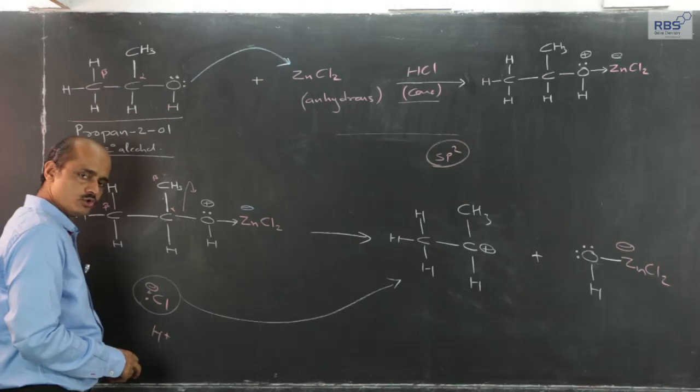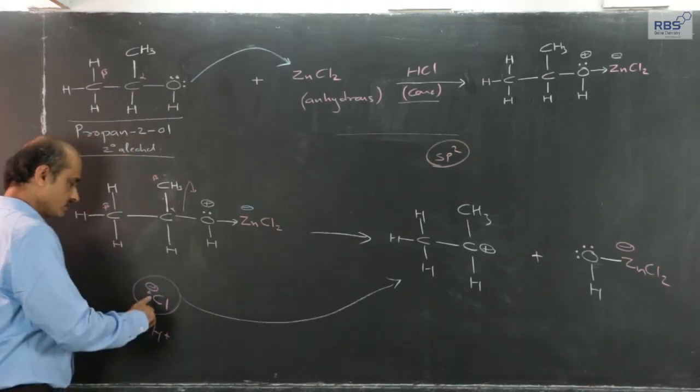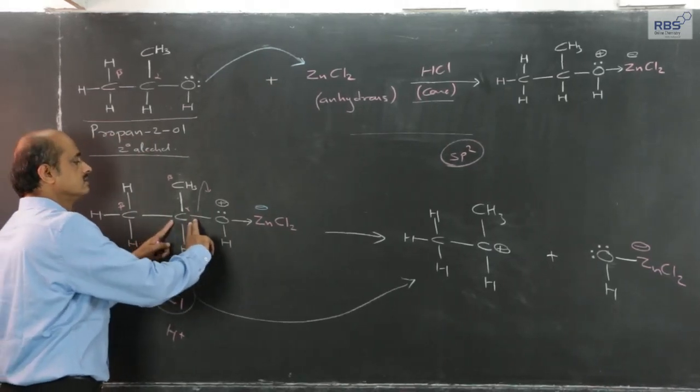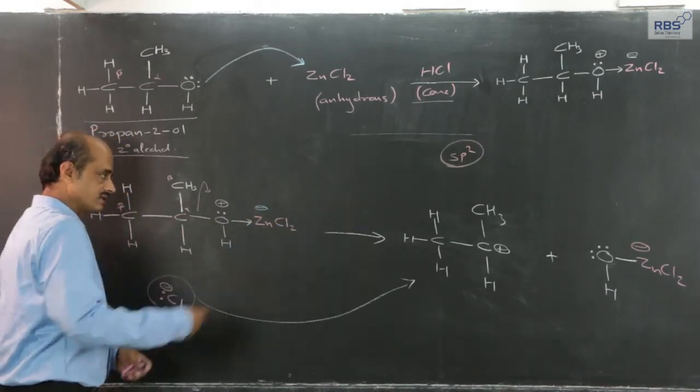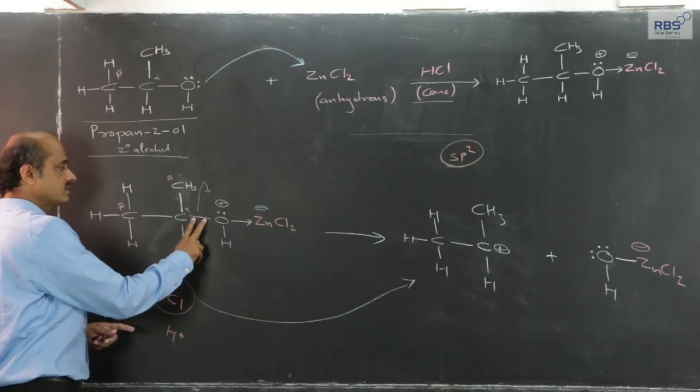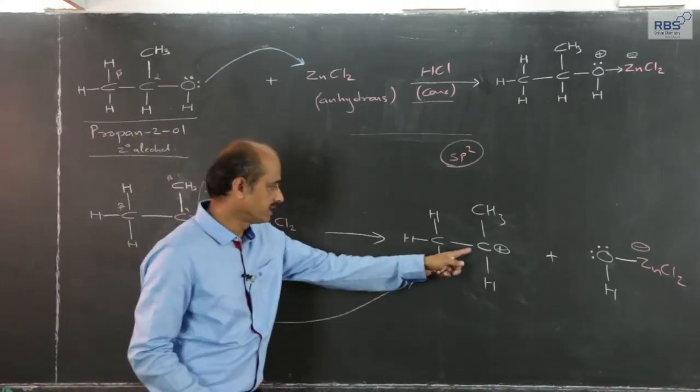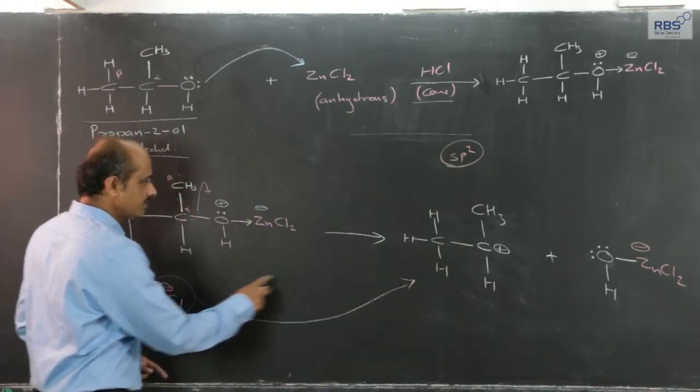The point which I want to make is that in the earlier case, the attack of Cl minus ion and the breaking of this shared pair and forming of a lone pair was simultaneous. Here, first there is heterolytic breaking giving rise to the carbonium ion, and then the attack of Cl minus ion.